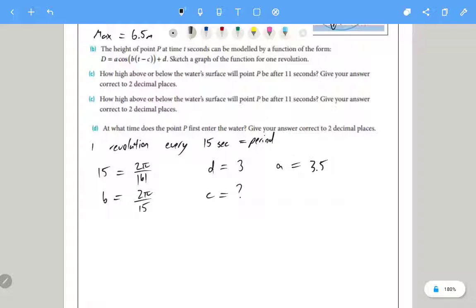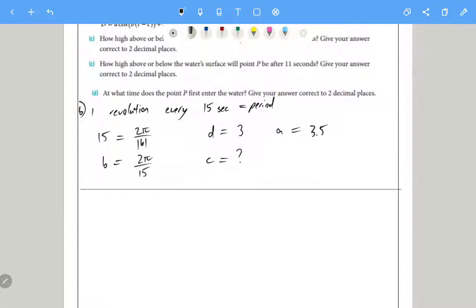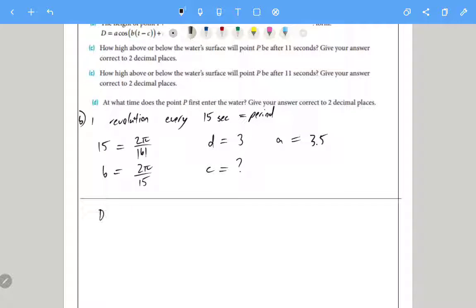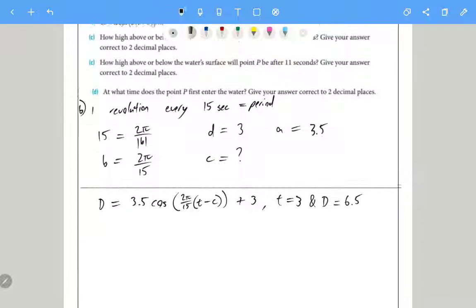So to solve for this, we're going to need to do some substitutions. This is what our function currently looks like. We don't know what c is, but we do know that after 3 seconds, d is equal to 6.5.